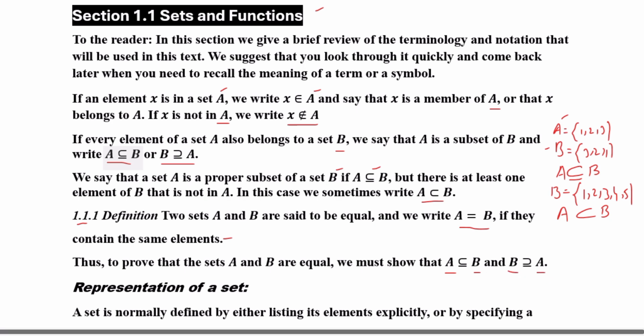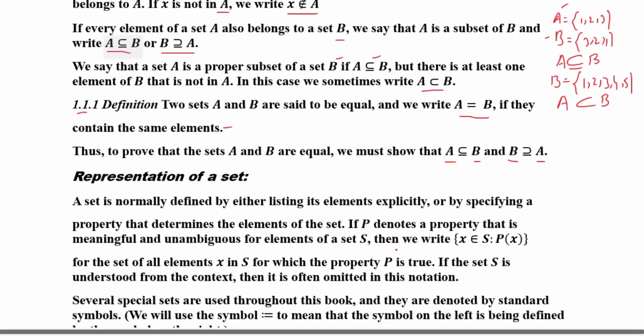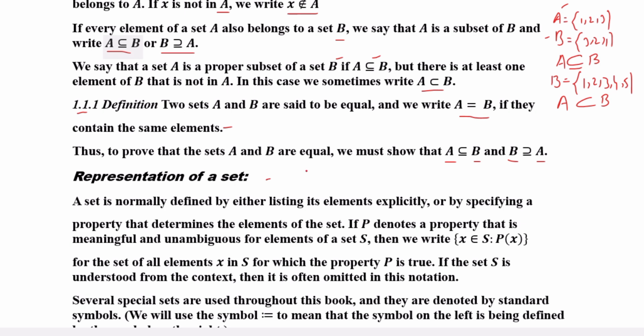The next one is the way to represent a set. Usually in some other contexts of real analysis, you can find that a set can be described in three ways. One is the descriptive way.